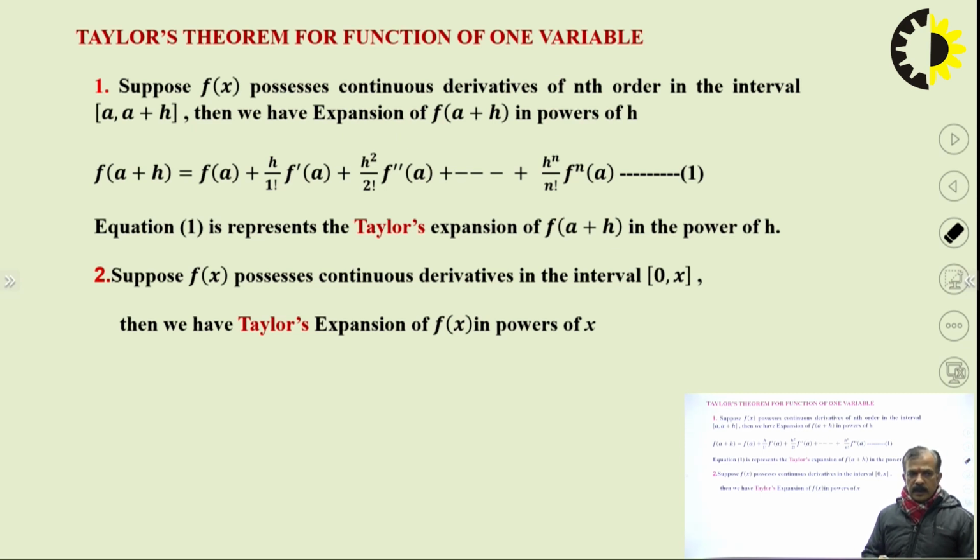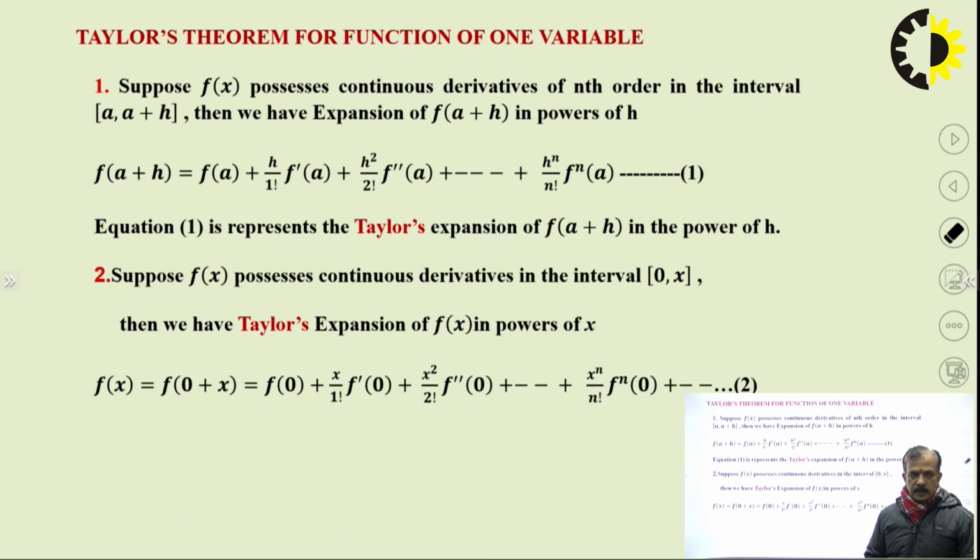So, first we arrange or convert x into sum of two parts. We arrange f(x) as f of 0 plus x. Here x is the second term of this function and 0 is the first term. So, we expand this function f(x) in powers of x and values of function and its derivative at x equal to 0.